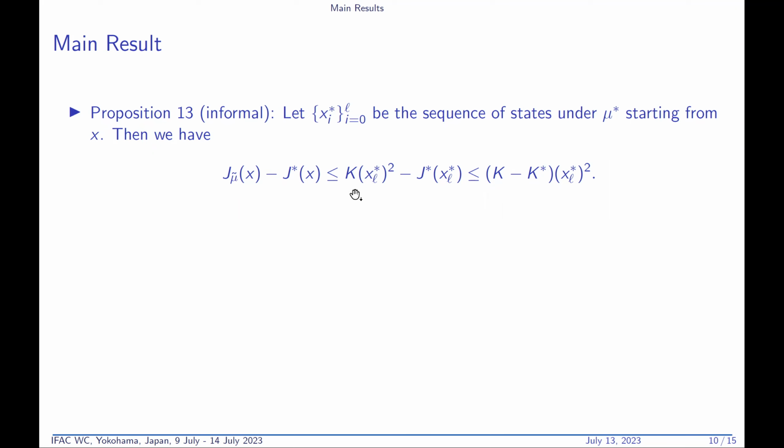So instead of looking at the predicted trajectory, the performance is bounded by the trajectory under the optimal policy, regardless of the designed K and S.